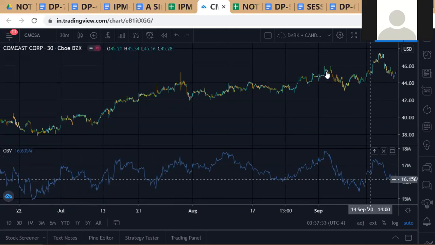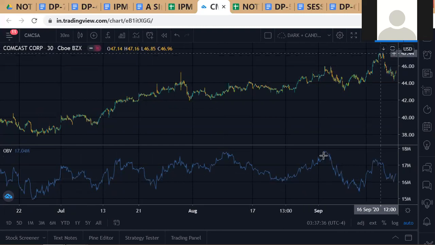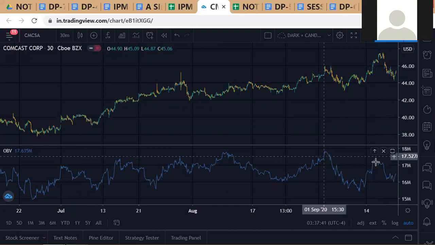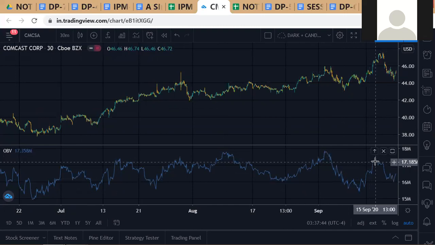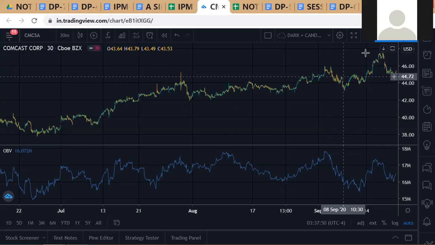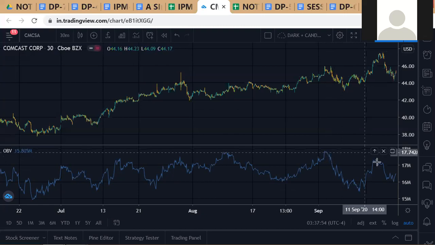So you find the price is making higher highs, but the oscillator, in this case OBV, the volume indicator, is making lower highs, which means that the volume here, this last move up to a new high, is not being confirmed by the volume. Divergence means moving away.